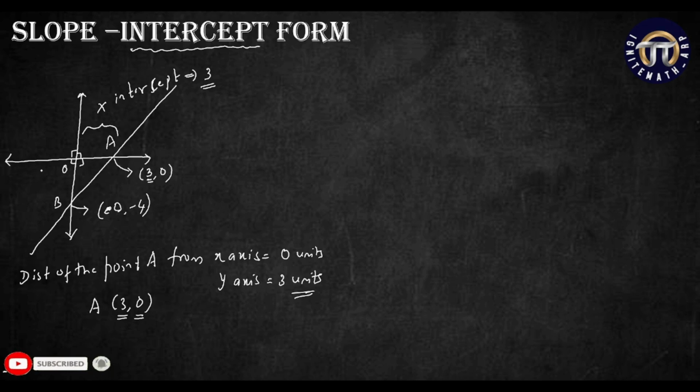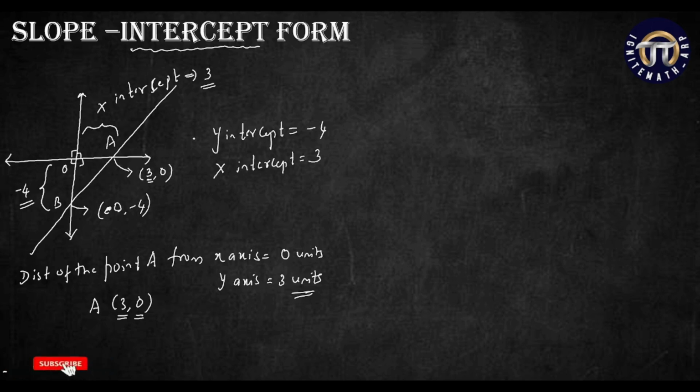Now similarly, the distance of the intersection of the line with the y-axis from the origin is its y coordinate, that is nothing but minus 4, right? So y-intercept is equal to minus 4 and x-intercept is equal to plus 3.